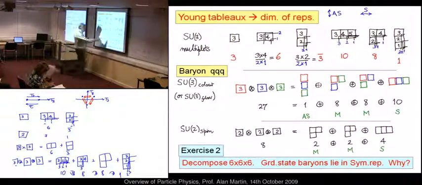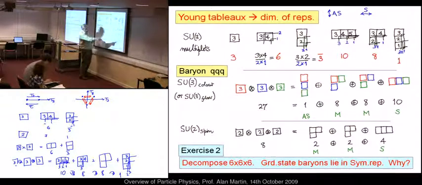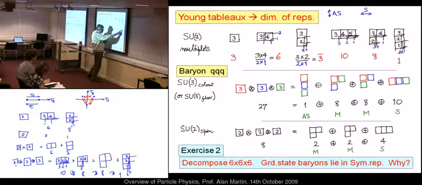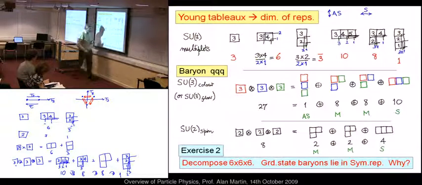So this means that this end one here, the singlet, is totally antisymmetric under interchange of any two of these components here. This is totally symmetric. These are mixed symmetry. This is antisymmetric this way and symmetric that way. So this is antisymmetric, mixed, mixed, and symmetric.